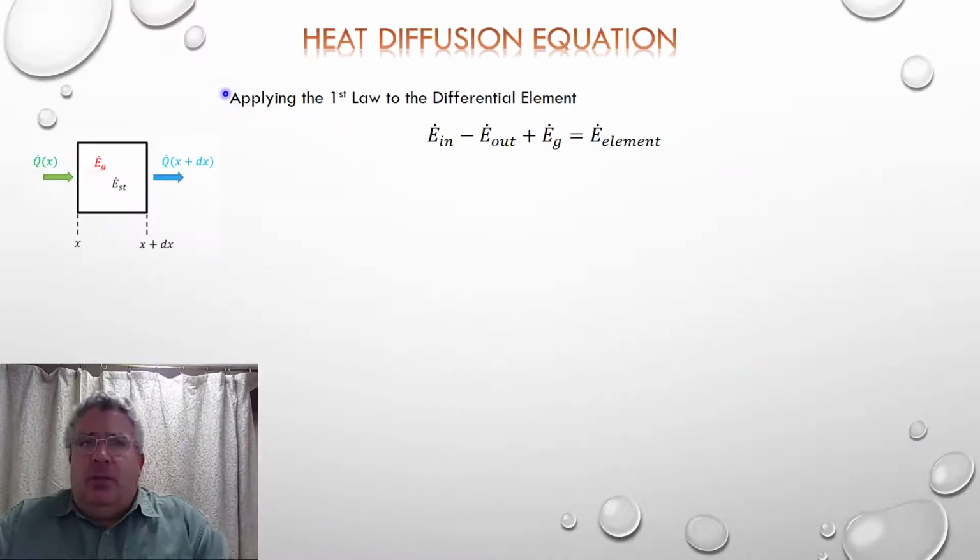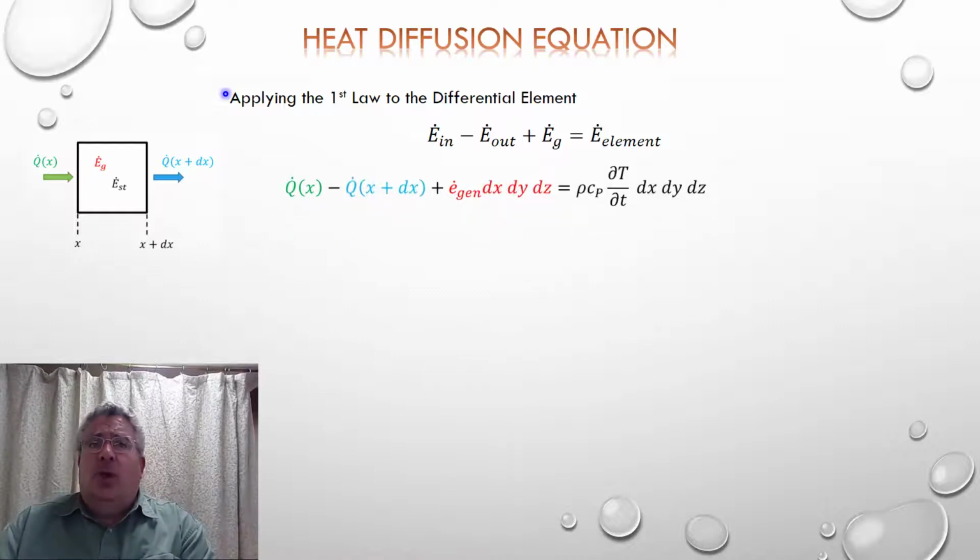And what do we mean by something we can work with? Well, let's go back and take a look at where we're headed with the heat diffusion equation. We're applying the first law, so E dot in minus E dot out plus the energy generated within the element, within the volume, will have to equal the rate of change of energy within the element.